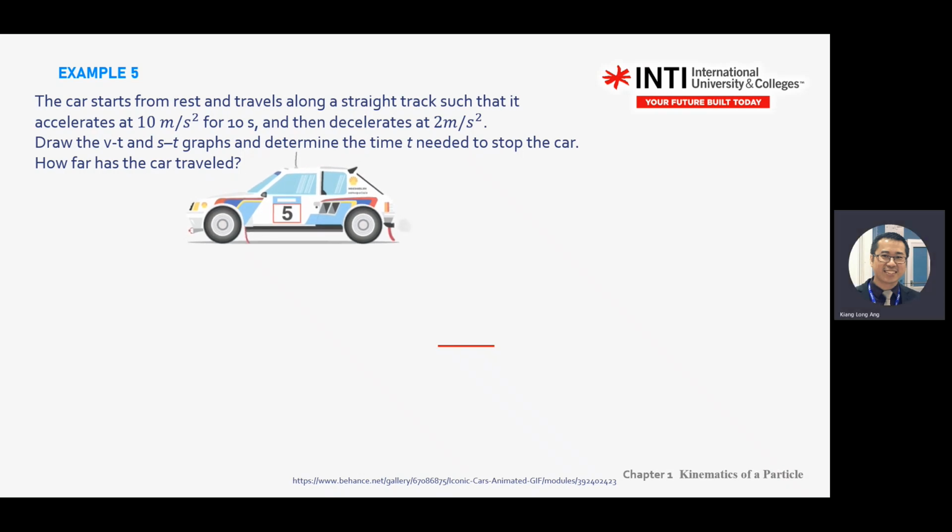What happened to your acceleration from 0 to 10? If you substitute value here, t equals 0, what is your acceleration? What do you get?